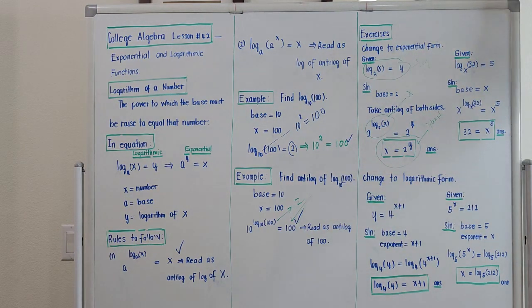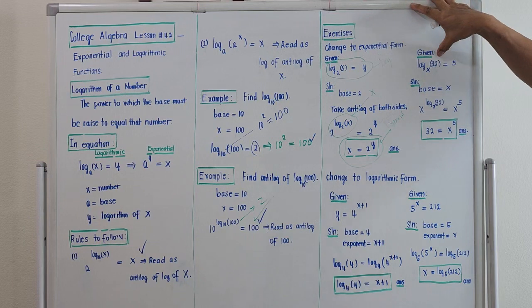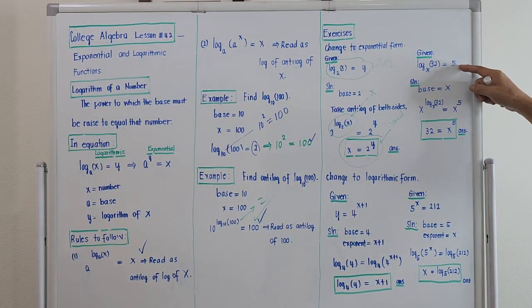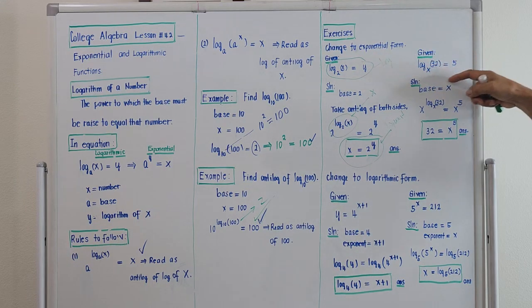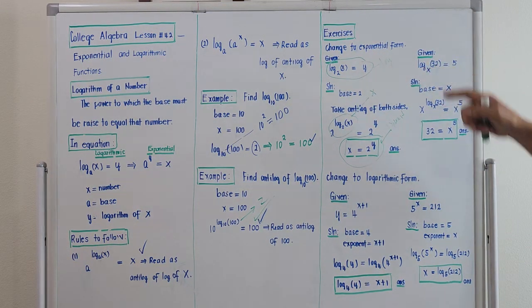Okay, example number 2. The logarithm of 32 with the base of x is equal to 5. Try to express this one in the so-called exponential form. This is logarithmic. There is a logarithm sign over here, right? The base is x, right?